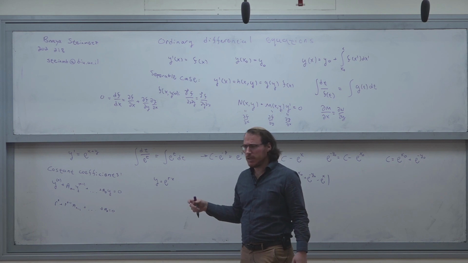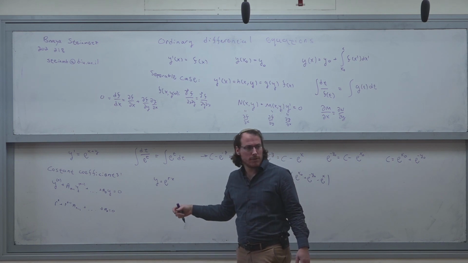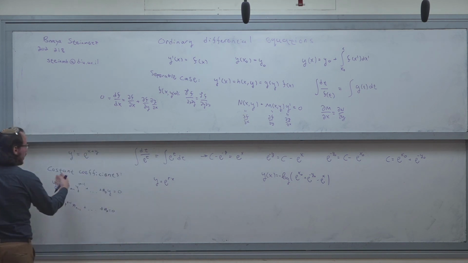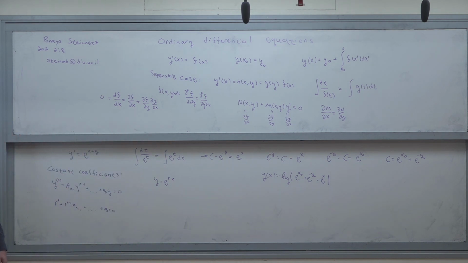We would have one solution, but we want n solutions as the order of the equation goes up. We need other solutions to form the general or complete solution of the problem.